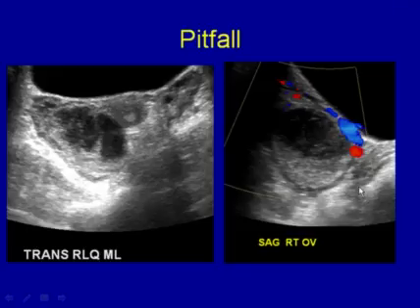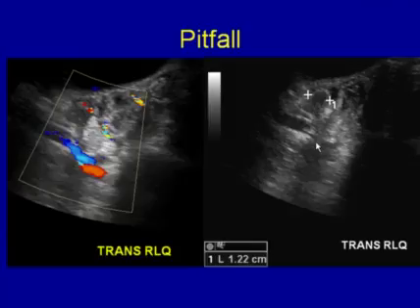What are some pitfalls we might encounter with hemorrhagic cysts? Well, here's a patient who has heterogeneous internal echoes here. You can see the uterus here. This was a young patient, so this is a transabdominal scan, normal left ovary. Here we can see that this looks like it should be a hemorrhagic cyst, and actually it is a hemorrhagic cyst, but when you image the patient where she hurts, it's actually not over that cyst.